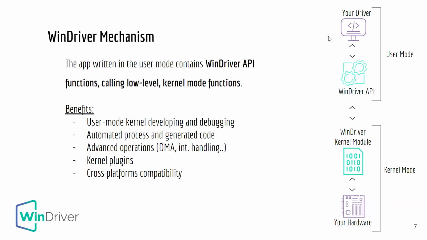So you don't have to develop in the kernel, and you don't have to debug in the kernel. It makes the whole development process much easier with fewer crashes and hangs, because if you mess things up, you mess them up at the user mode level, and debugging from user mode is much easier.